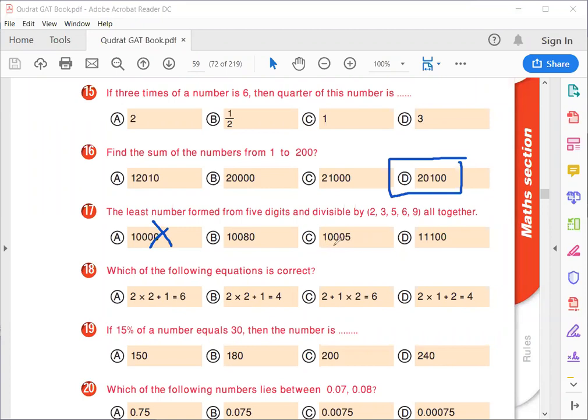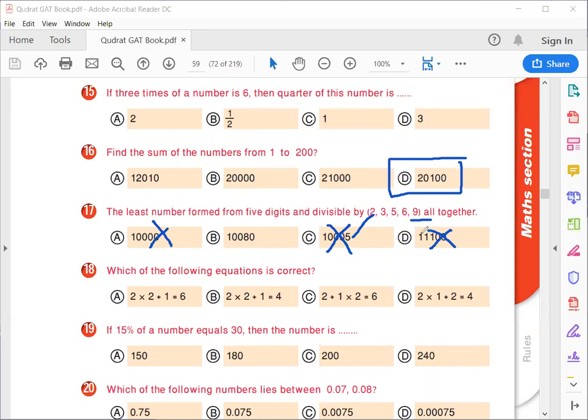Okay, the third one, 10,005. Is it divisible by 2? No, because how do I know if it is divisible by 2? If the unit digit is an even number. Number D is not divisible by 9. How do I know it is divisible by 9?